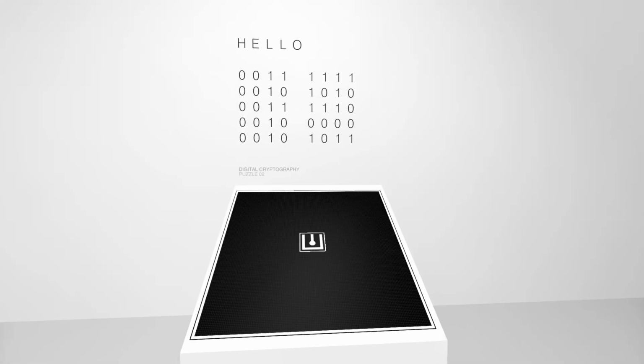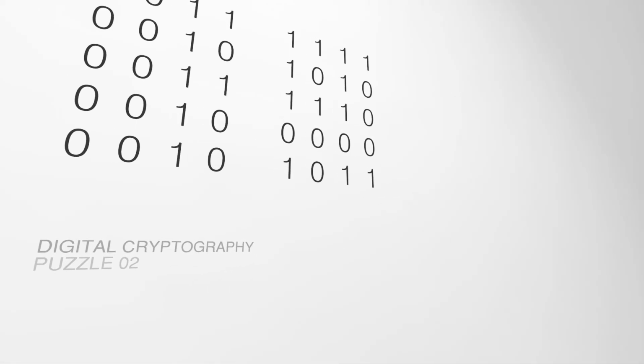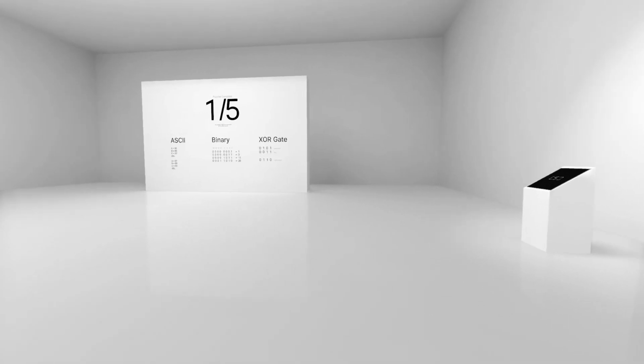Moving on. So. I mean, I don't know. It's probably not just gonna be the same thing again. So we have hello there. Is hello like a key? But how would you use hello as a key?